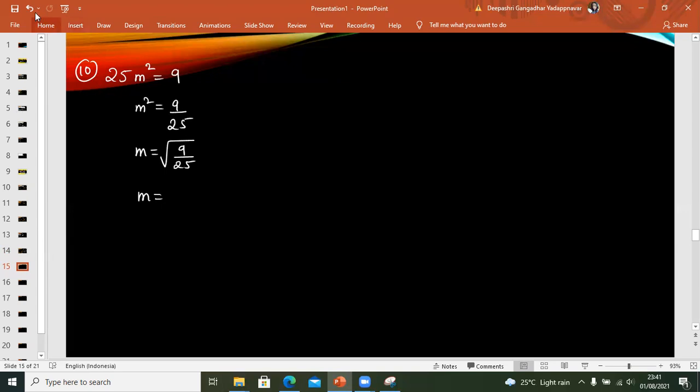But when we are writing this root sign, remember that we can also write this as plus or minus square root of 9 and 25. So m equals plus or minus, square root of 9 is 3 and square root of 25 is 5. So there are two solutions here. One is plus 3 by 5 or m equals negative 3 by 5.